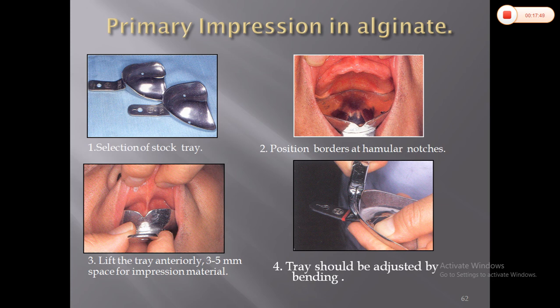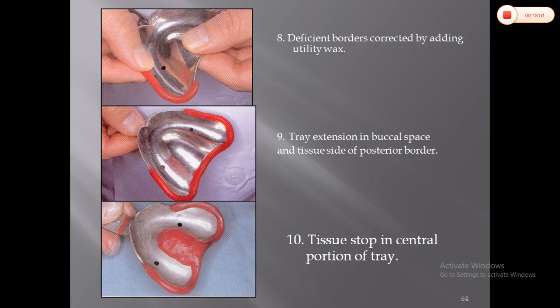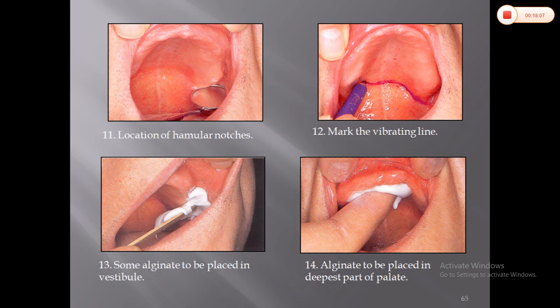Primary impression with alginate: you select the tray as I told you. If you want any extension or modification of the tray, you can do it even with wax. If it is underextended, you can extend it with wax.